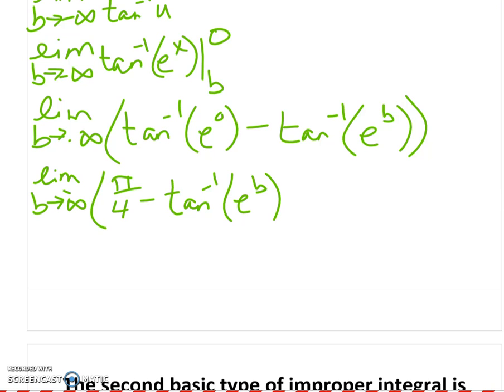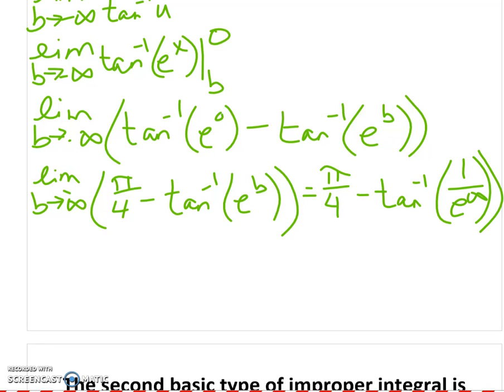And so if b is negative infinity, that's going to be 1 over e to the infinity. So that would be pi over 4 minus inverse tangent of 1 over e to the infinity, which is 0. Inverse tangent of 0 is 0, so our answer for the first integral is pi over 4 minus 0, or pi over 4.